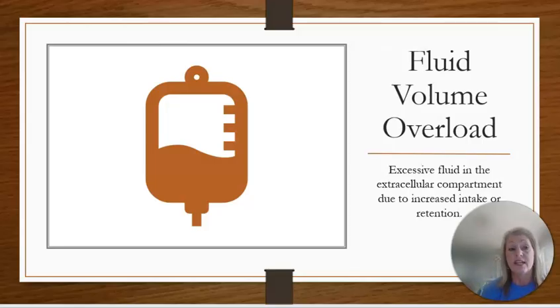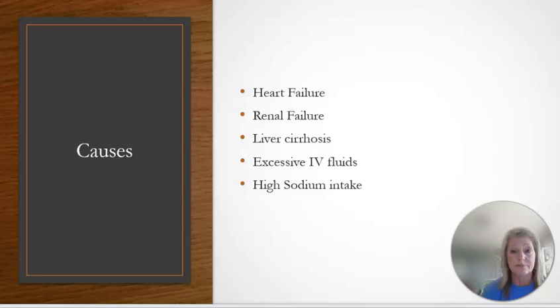So there are lots of different things that can cause us not to be able to get those fluids out. So let's look at some of those. One is going to be heart failure. Sometimes our heart is supposed to be pumping a certain volume of blood, but the heart is just really tired, or maybe it's large, we call that hypertrophic, and so the chamber inside the ventricle is real small.